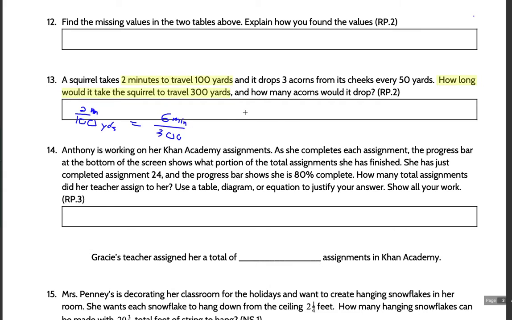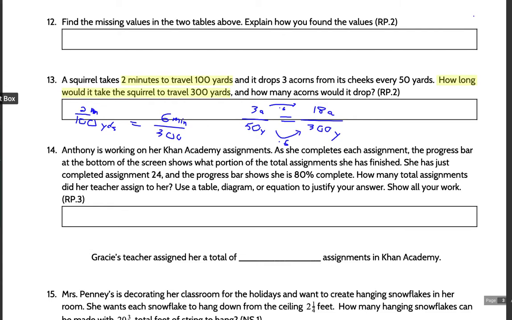And then it says it drops 3 acorns from its cheeks every 50 yards. So again, you could do 3 acorns and 50 yards, and you want for 300 yards. So 50 times 6 is 300. So you do 3 times 6, which would be 18 acorns.